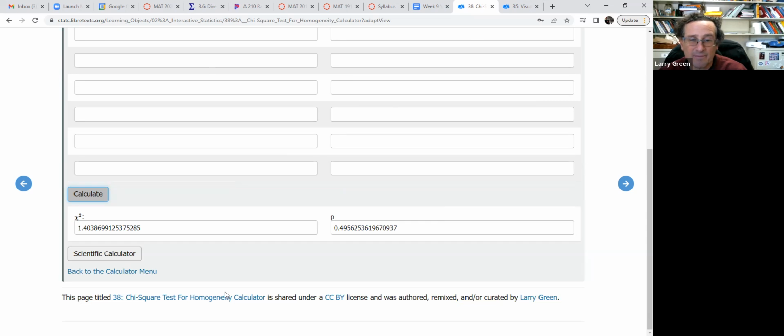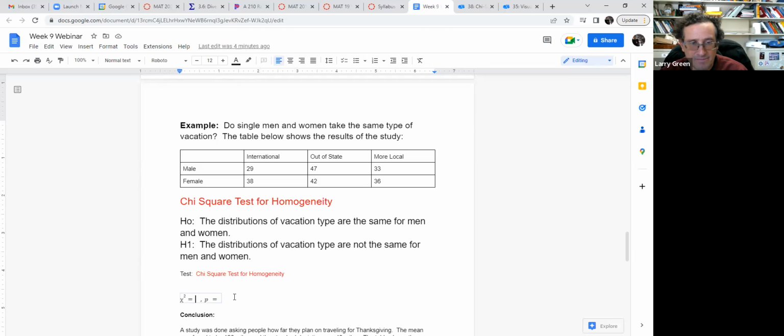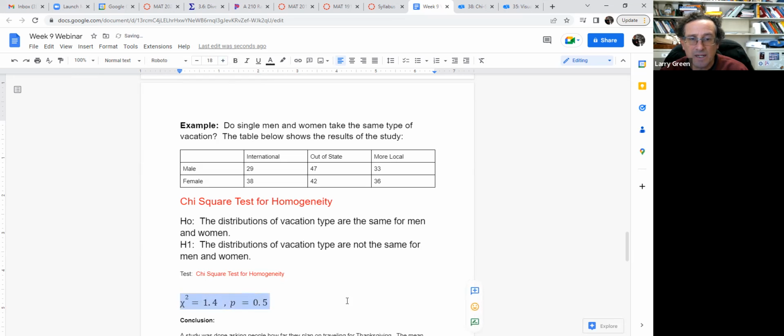So I hit calculate. We get the chi-squared is 1.4. The p-value is about 0.5. Any questions at all on using the calculator and arriving at the chi-squared and the p-value?